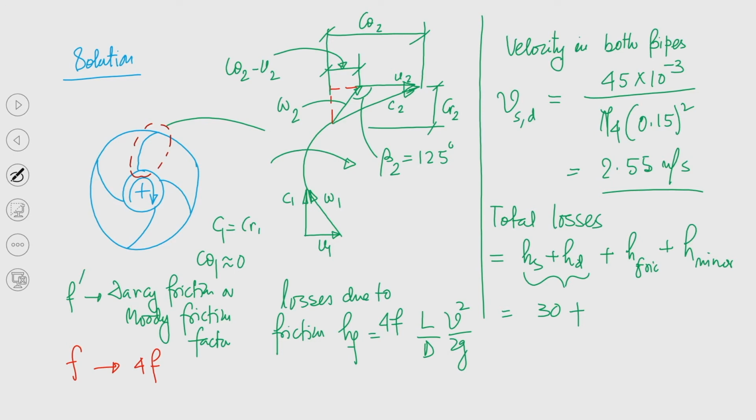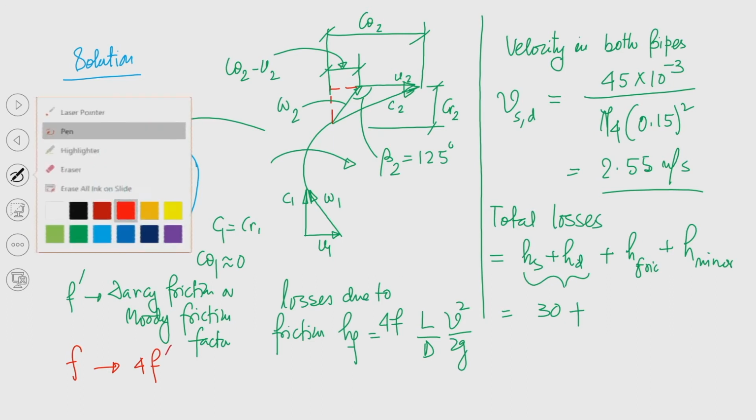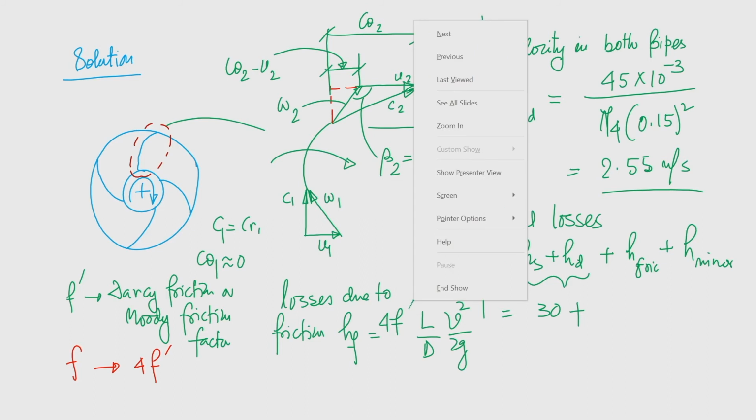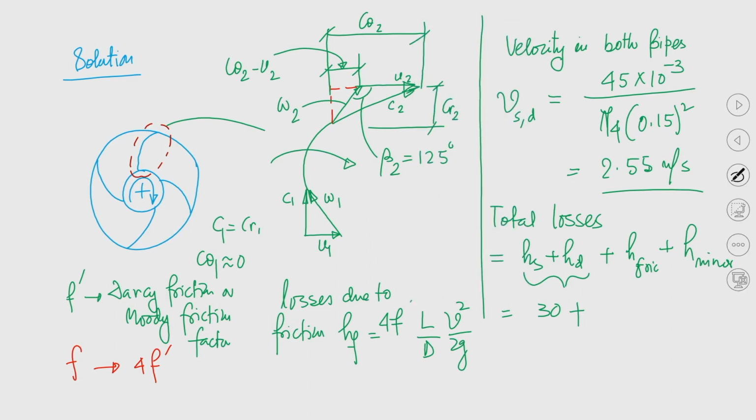So, F is the Darcy friction factor, and F prime is nothing but 4 into F. So, instead of considering the Darcy friction factor, we are going to calculate F prime, and that is nothing but 4F.